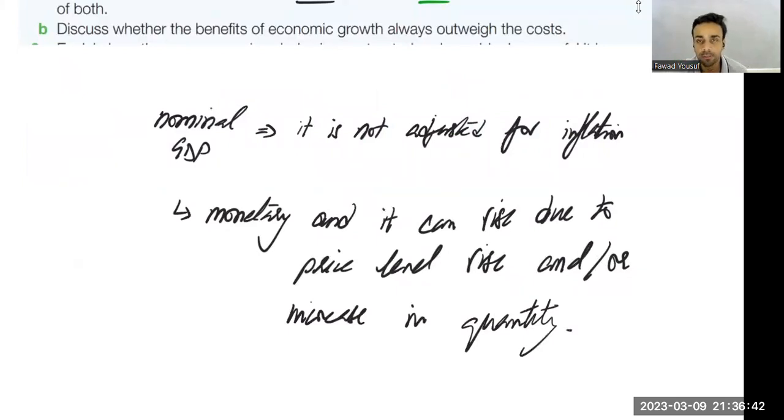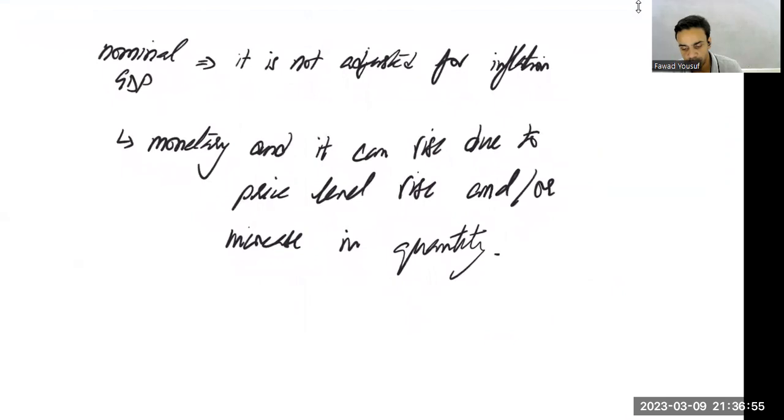Real में क्या बताओगे? Real is adjusted for inflation and real shows the purchasing power of money. It rises because of the quantity. Okay? Notes में देखना, मैंने इसके पीछे numericals भी किए हैं. Another thing for MCQ, I believe, what you should know is the ability to make conversions. Let's suppose, एक example उठाता हूँ.